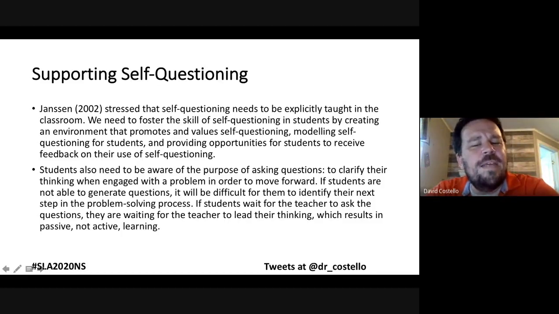Students need to be aware of the purpose of asking these questions. It's to clarify their thinking when engaged with the problem, to move forward. And the tricky thing is when students are not able to generate these questions, it becomes difficult for them to identify what their next step is. How many times do we have students saying, I don't know what to do, and they rely on you to tell them what the next step is?